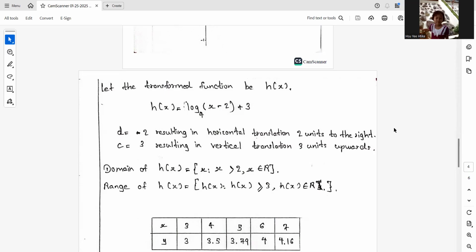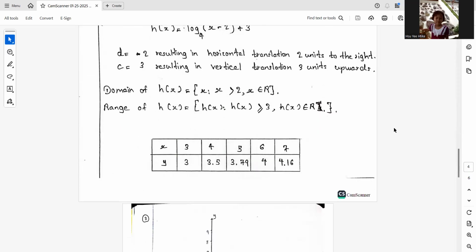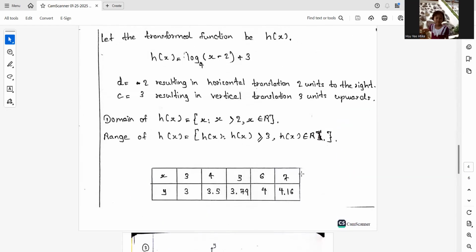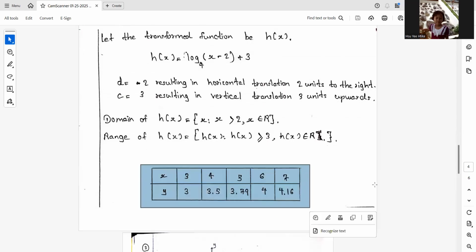And for the range of h of x, the value of h of x must be greater than or equal to 3 and h of x belongs to R. So I put the value of x in this equation and the value of y came out like this, like I have written in this table.